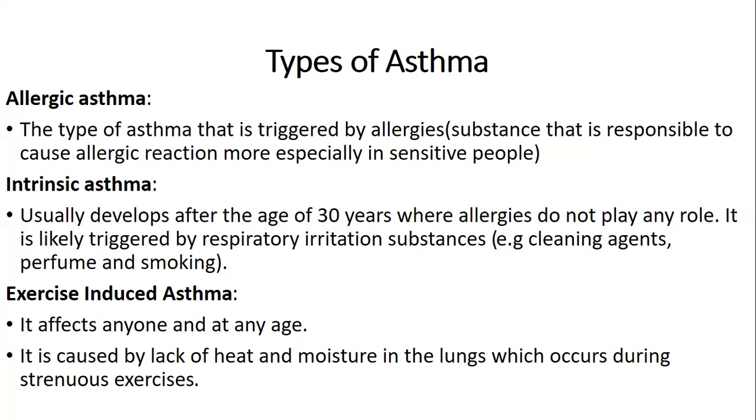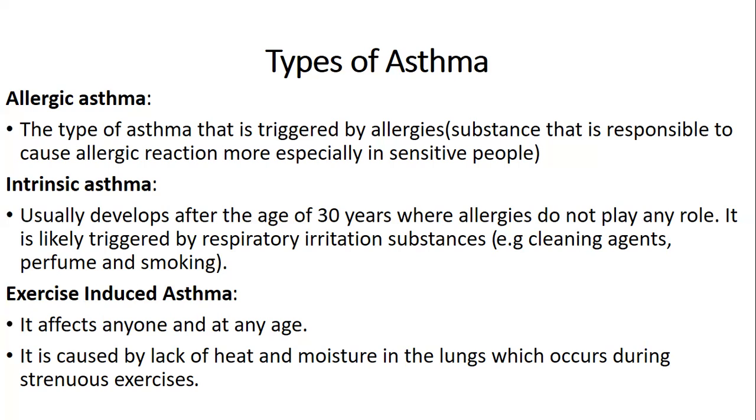Intrinsic asthma, on the other hand, usually develops after the age of 30 years, where allergies do not play any role. It is likely triggered by respiratory irritation, such as cleaning agents, strong perfumes, smoking, and other irritants that would cause irritation in the air. That is what is known as intrinsic asthma.